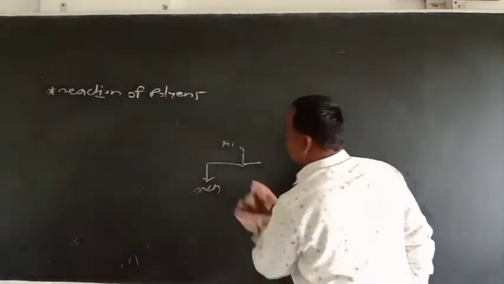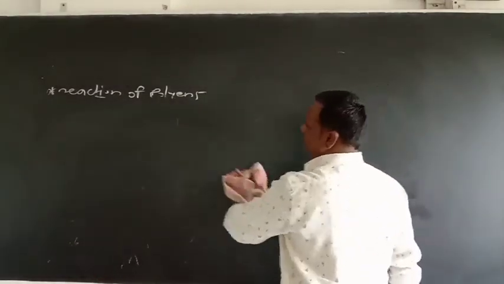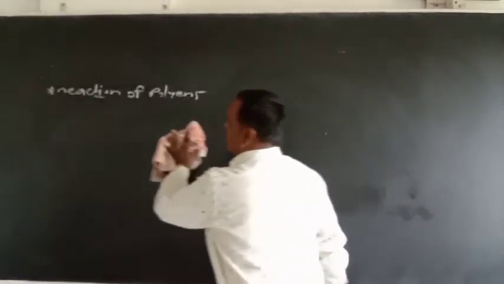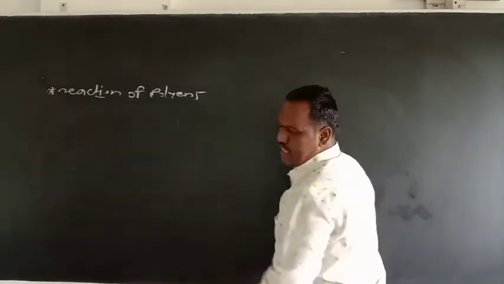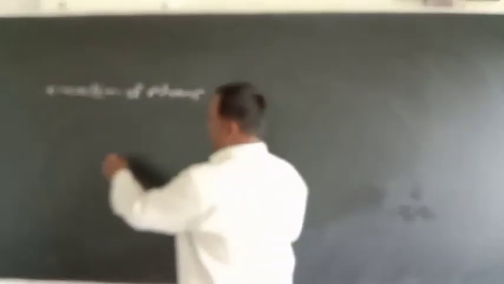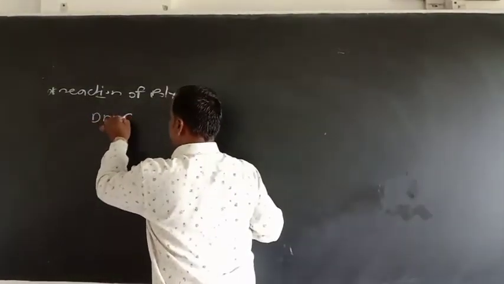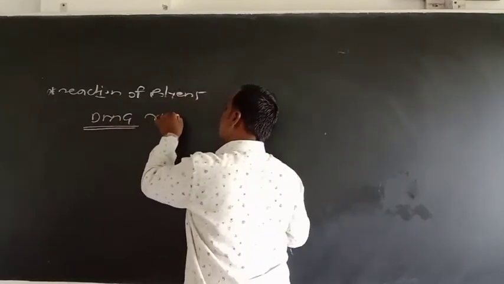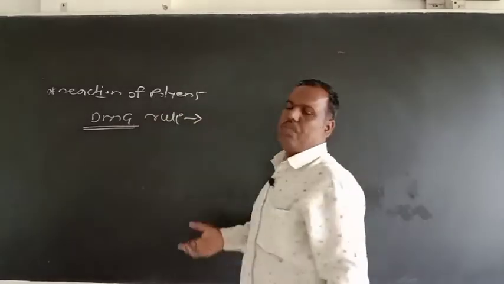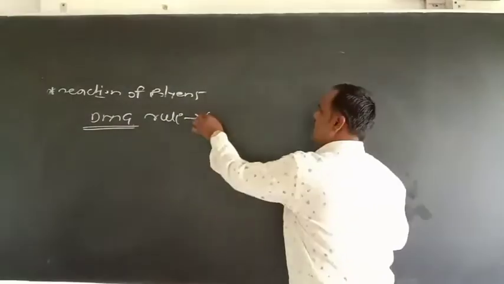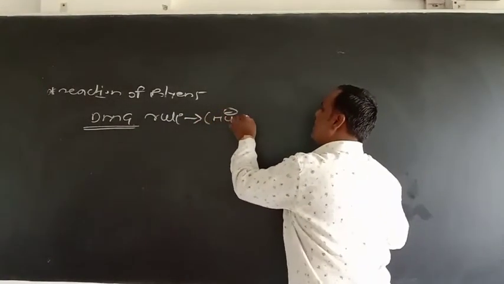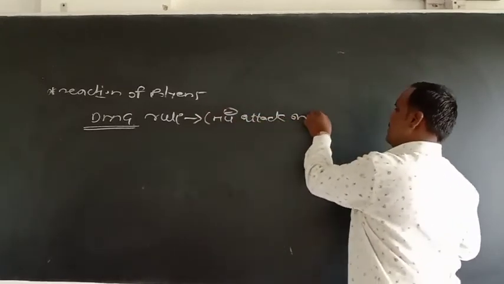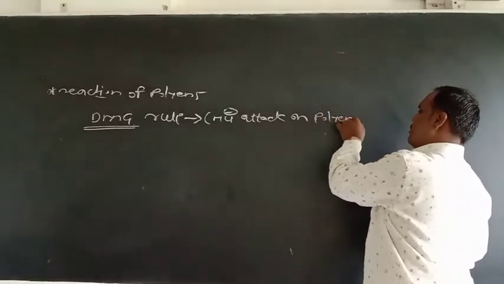So what are the different conditions for a nucleophile to attack on these polyenes? These conditions or rules are considered as DMG rules, the DMG rule for nucleophilic attack on polyenes.